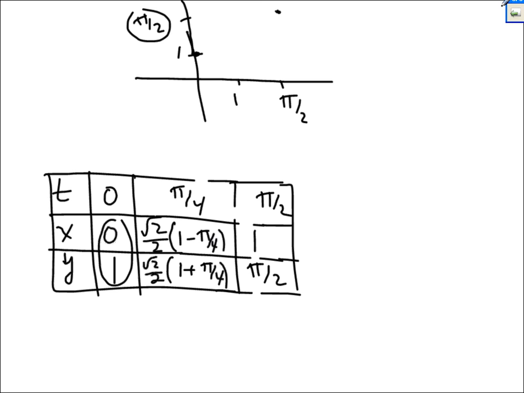And it turns out that the square root of 2 over 2 times 1 minus pi over 4 is less than pi over 2. Work it out, you'll see that. And the y value is going to be between 1 and pi over 2. That's maybe what a calculator is used for.